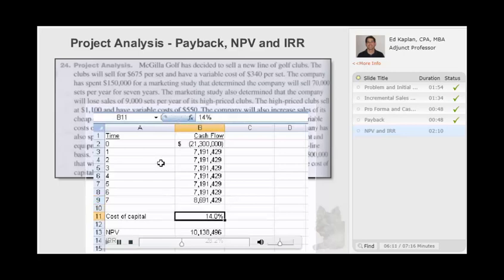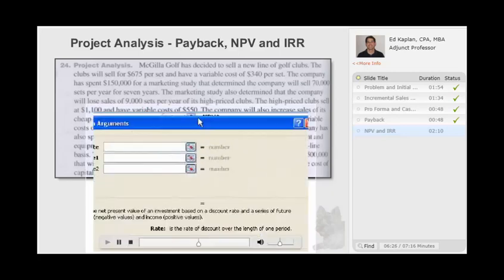The cost of capital is 14%, and then we have the NPV, and let me show you how I calculated that. Best way is probably just to recalculate it. So we'll type equal NPV, hit left paren, and hit the insert function bar so we get the pop-up.